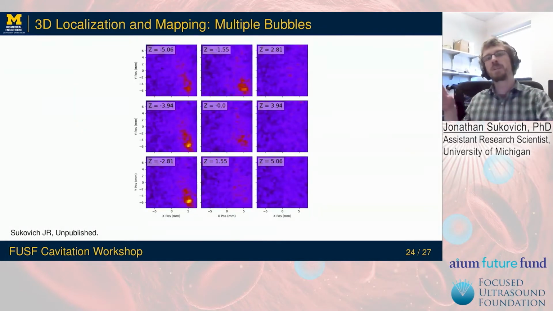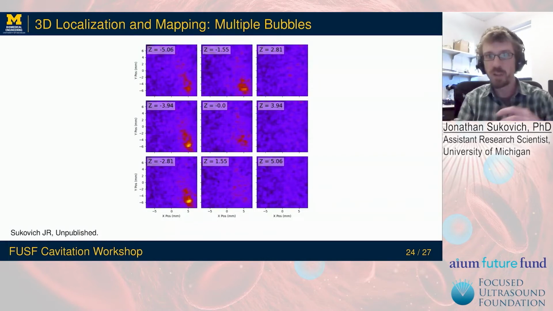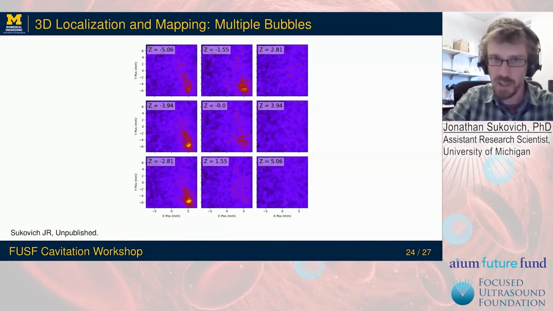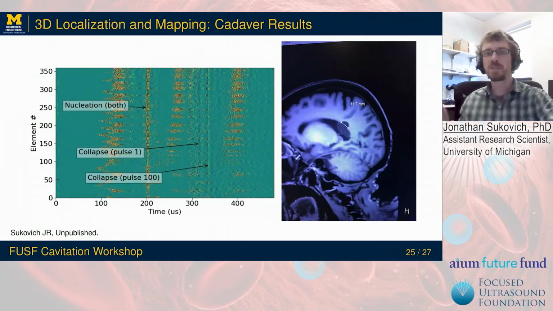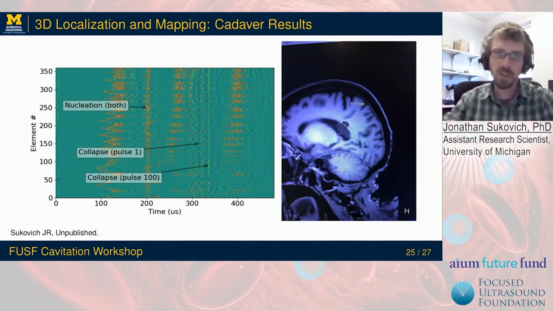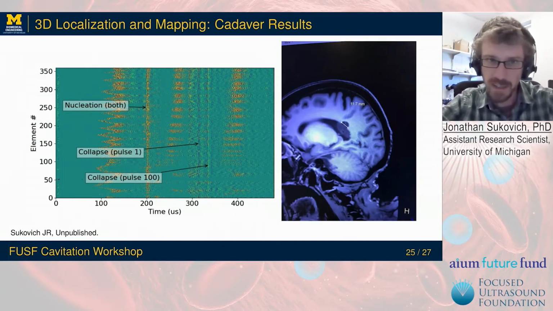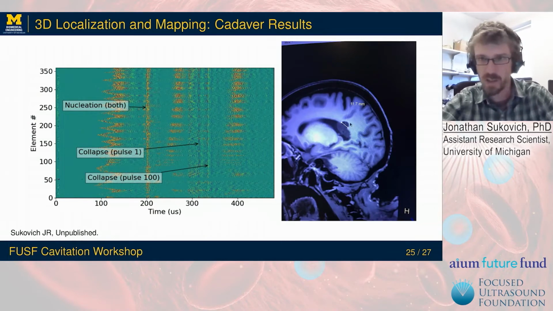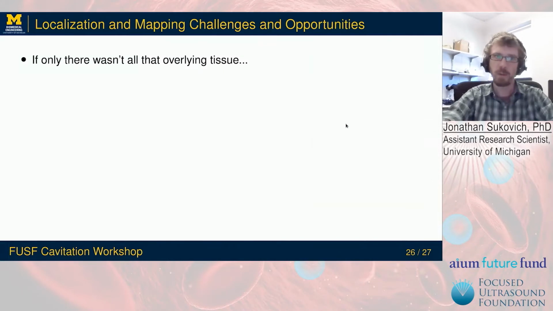But the point is you can take those collapse information to localize those renucleated bubbles as well, in the same way that you can take the nucleation signal to localize the bubbles. And these were really just in the lab, but we've shown that we can do this recently in the cadaver as well. And again, this is the wave fields from all array elements that shows the nucleation signal, as well as the collapses from multiple cavitation events, as well as the lesion that we generated in the cadaver brain.